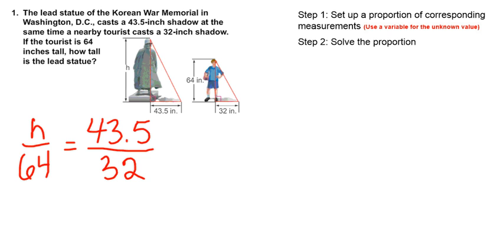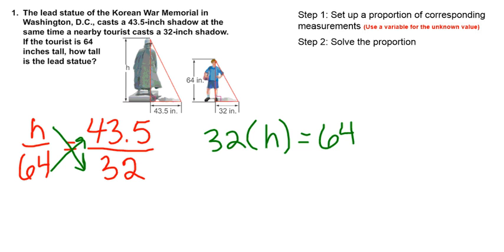Now that we have a proportion, all we have to do is cross multiply and solve. So we have 32 times h, and then we have 64 times 43.5. Now that we set up our cross products, all we have to do now is multiply.